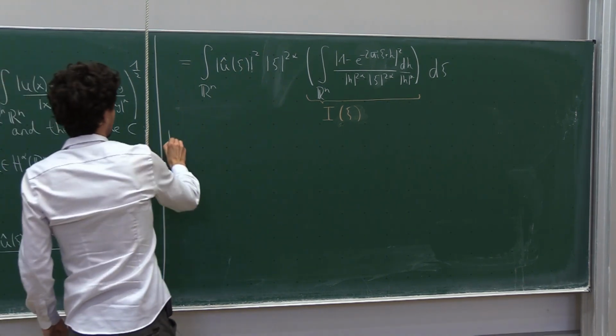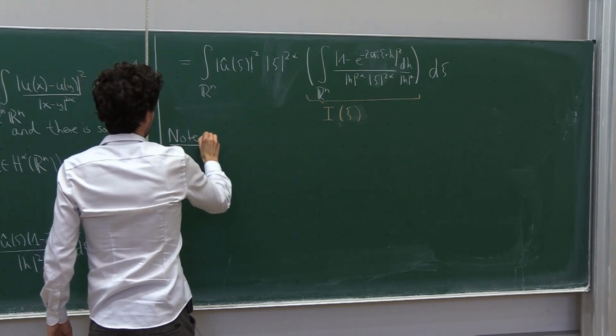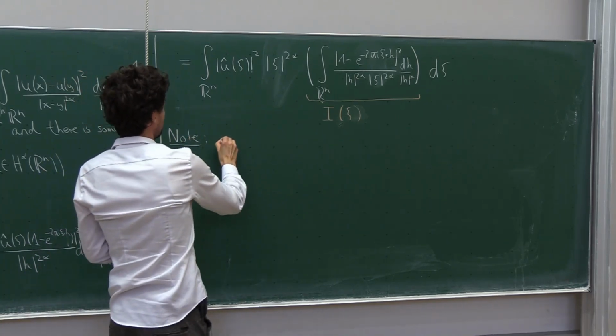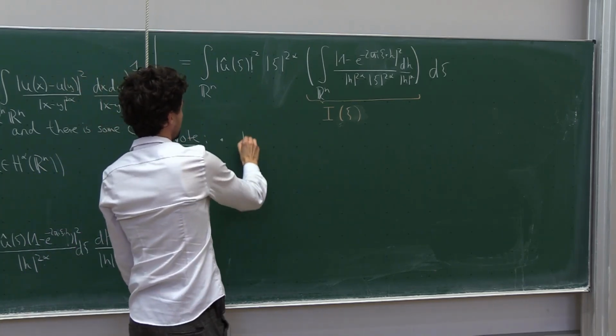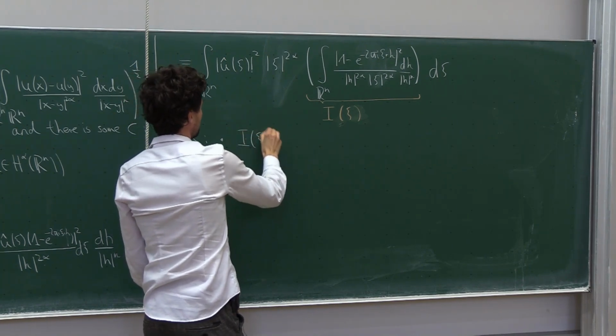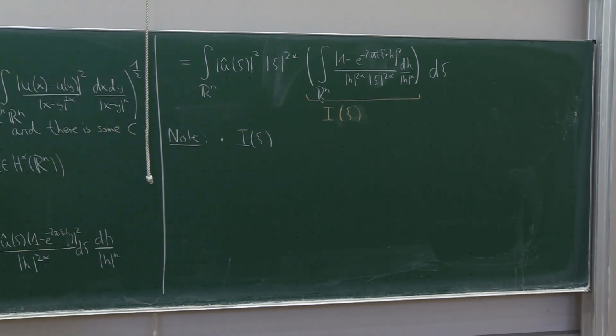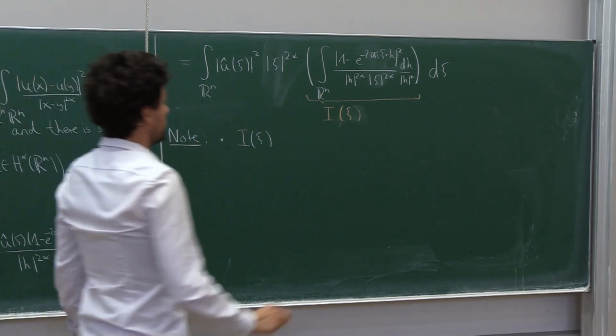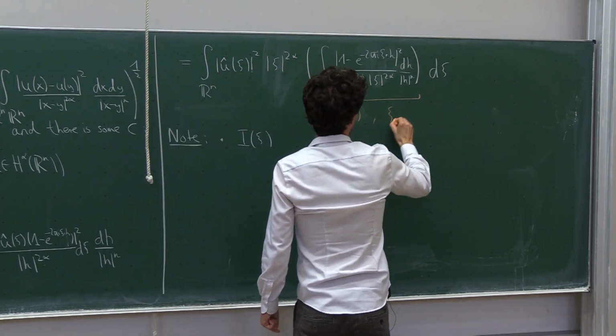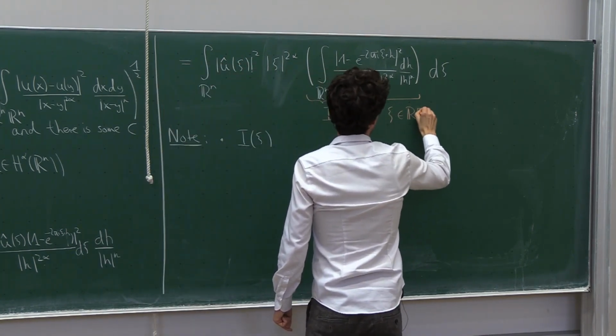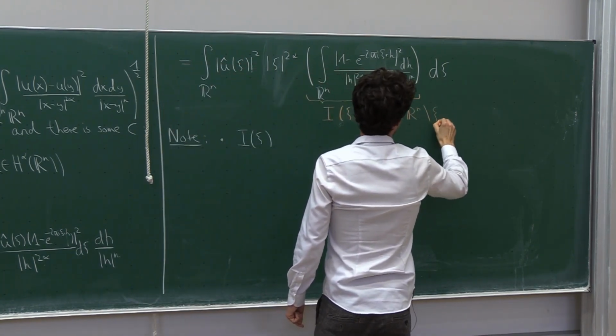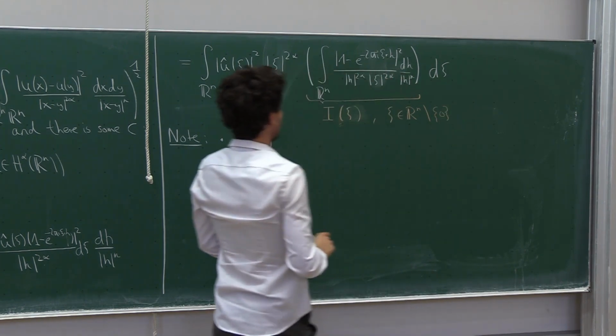Now, note, first of all, I claim these I integrals, and when looking at these I integrals, let's just always assume that psi is in Rn, but it's not 0. Okay?